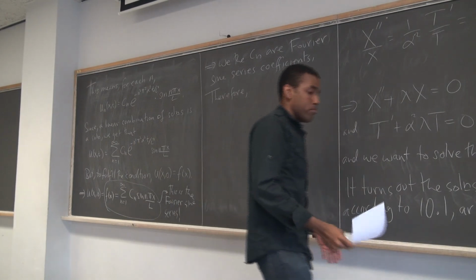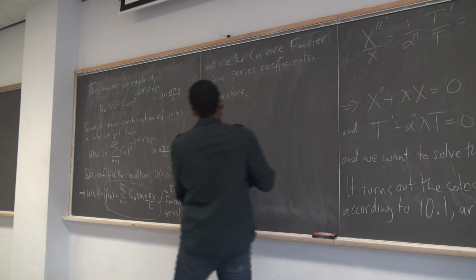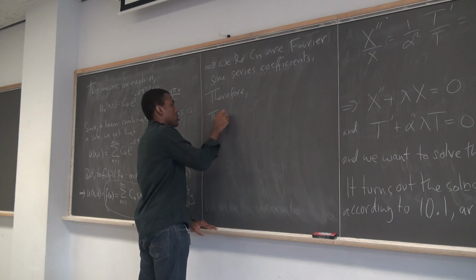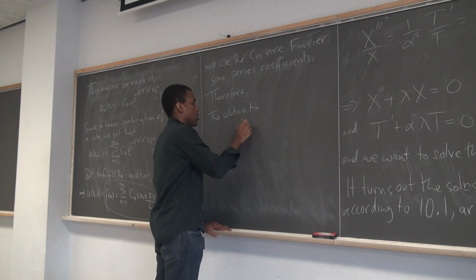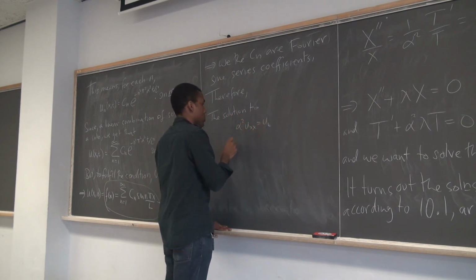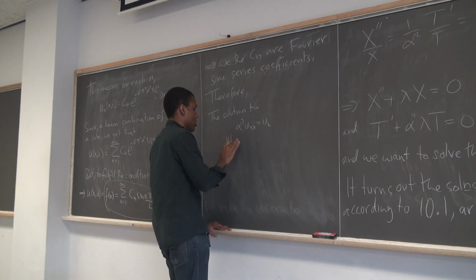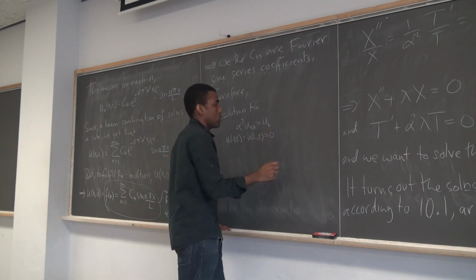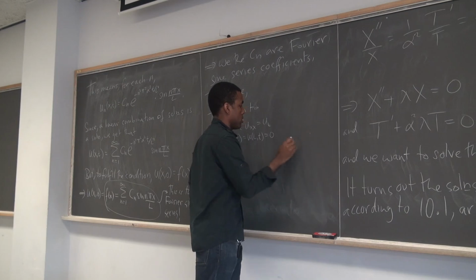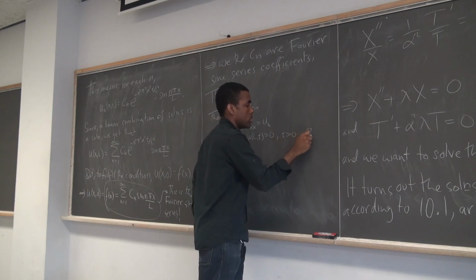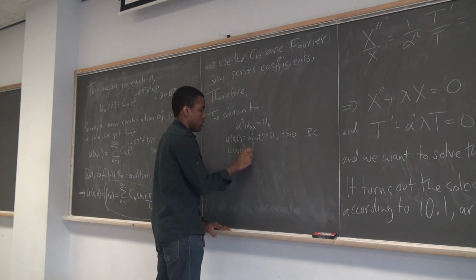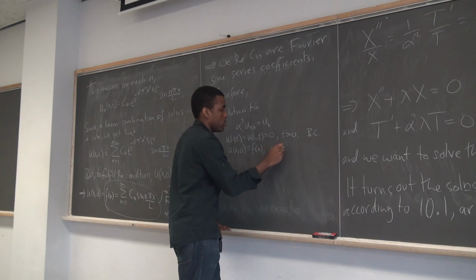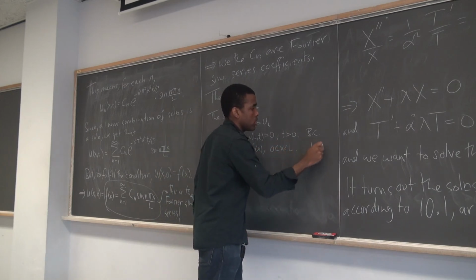Therefore, finally, this is the punchline, why I said all this. The solution to alpha squared u_xx equals u_t, with u of 0,t equals u of L,t equals 0, t greater than 0, that's the boundary condition, and u of x,0 equals f of x for x between 0 and L, that's the initial condition.